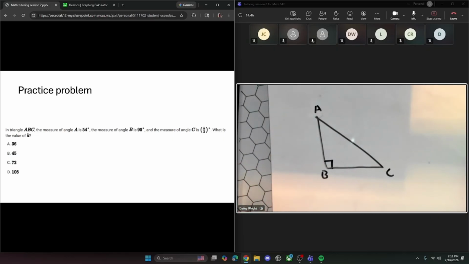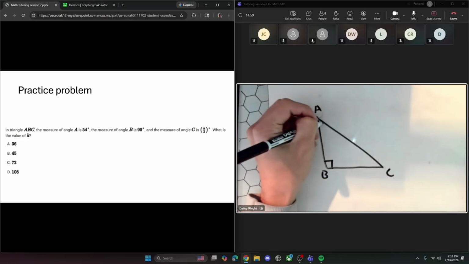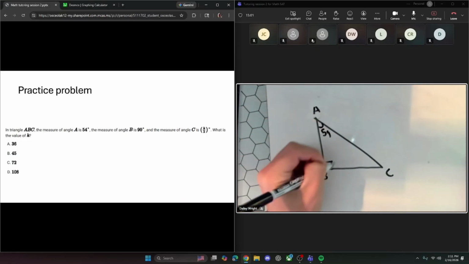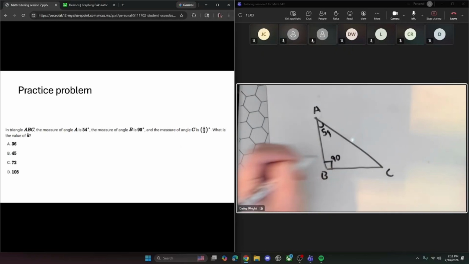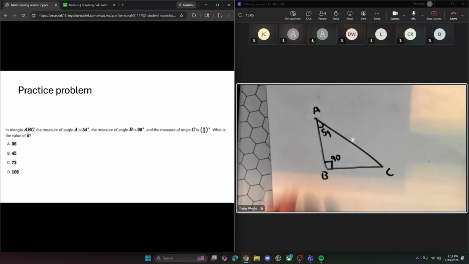A 90-degree angle is known as a right angle, and that's always going to be signified with a little square as the angle measure. A will be 54. I'll write 90 here. 90, 54, that's a bad 4.